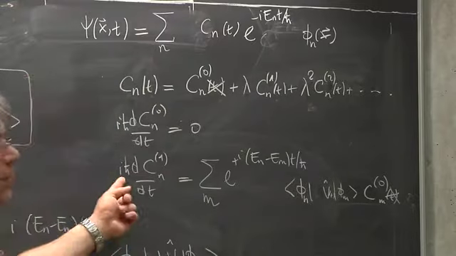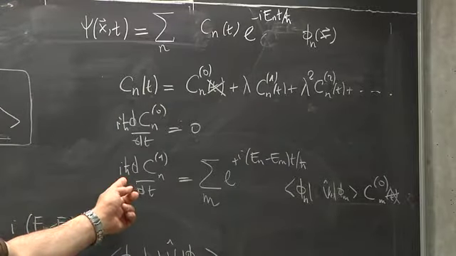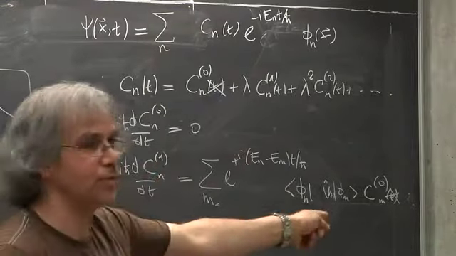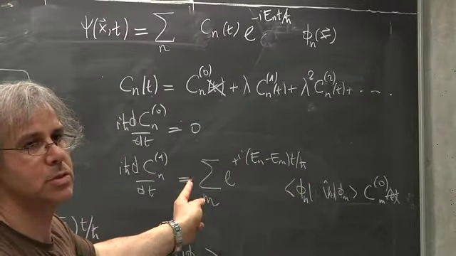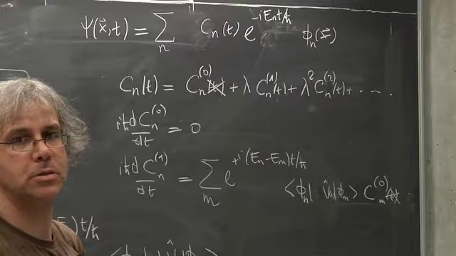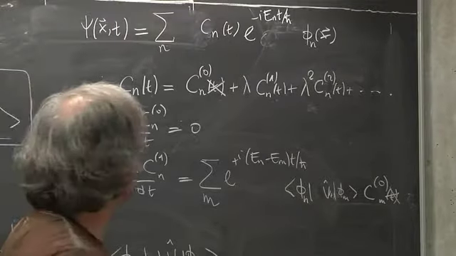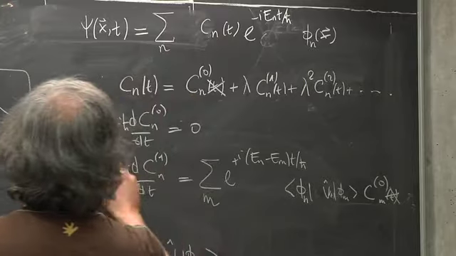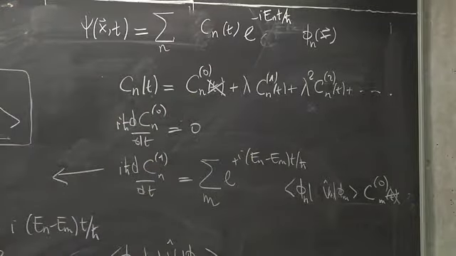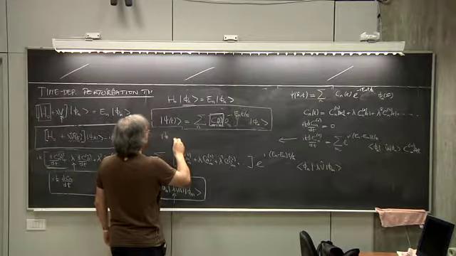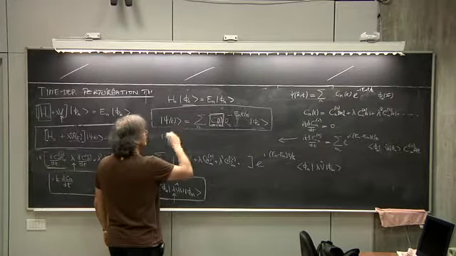So for instance, can I solve this? Yes, because now C1 does not appear on the right. So how do I solve this? I just integrate both sides. I have i h bar, and I integrate from 0 to t.